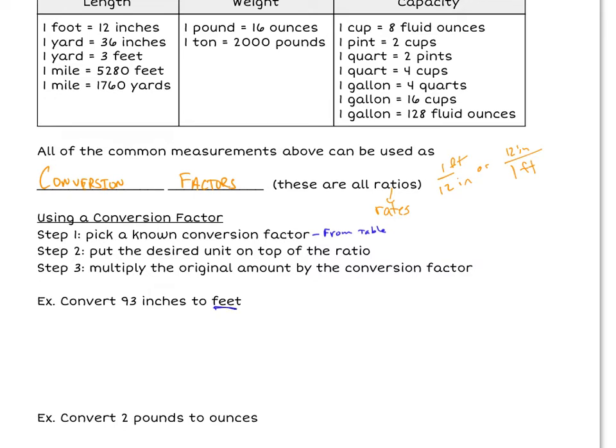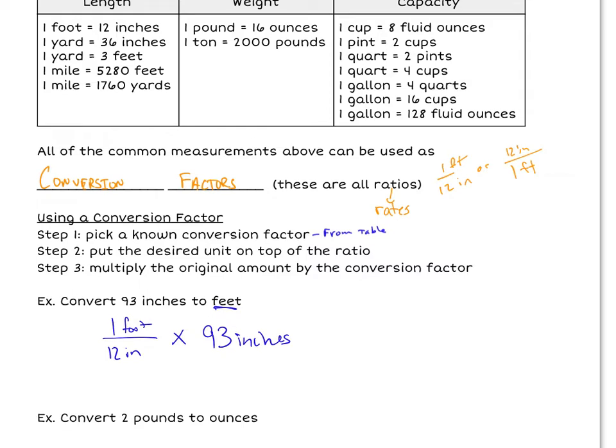Because that's what I want, I'm going to put feet on top. So I have 1 foot to 12 inches. And it says multiply that by my original amount, so times 93 inches.